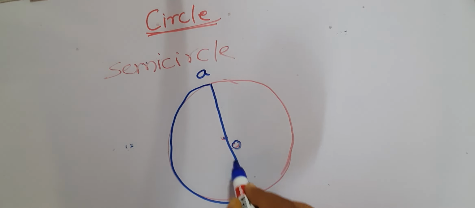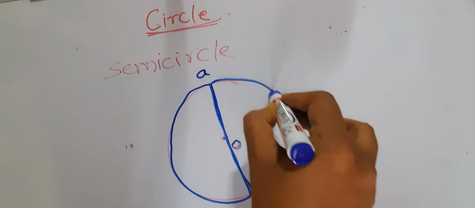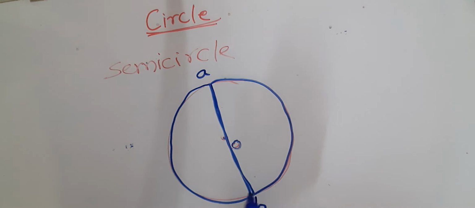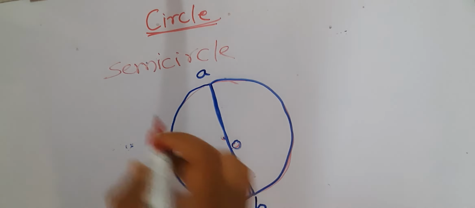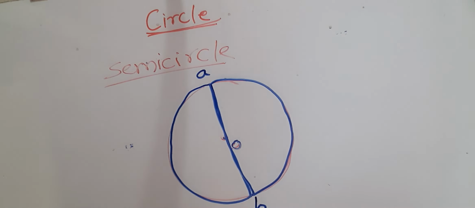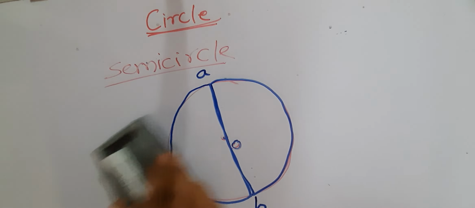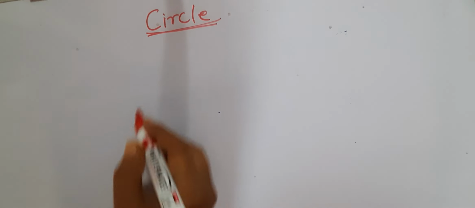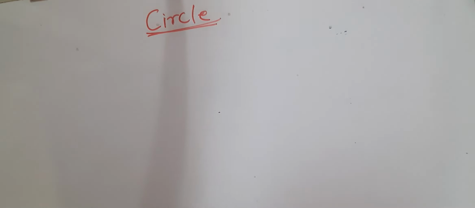This part is one half of the circle and this part is another half of the circle. So a semicircle is nothing but half of a circle. A diameter divides the circle into two equal parts. These two equal parts of a circle are known as semicircles. Semicircle is quite easy. Now the last concept here is concentric circles.